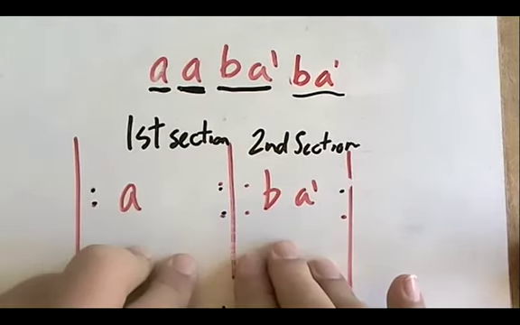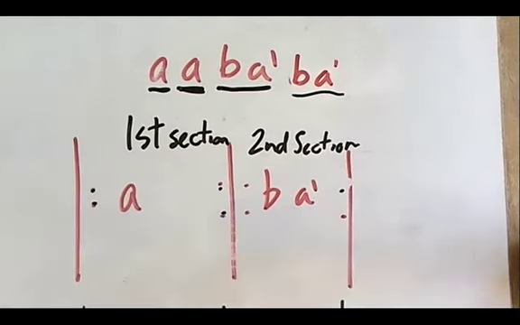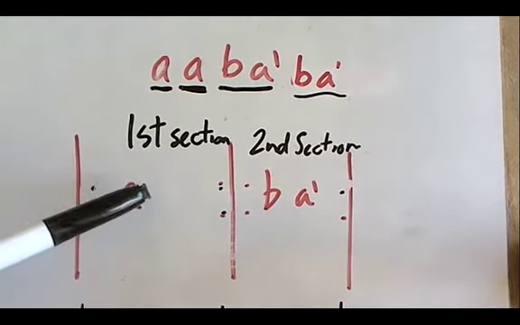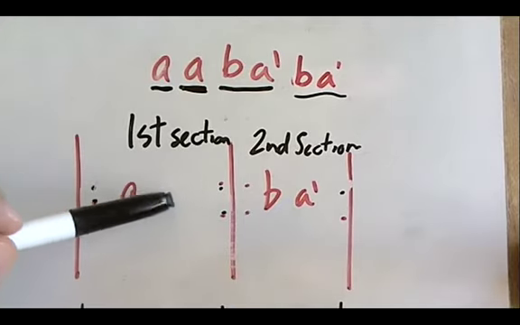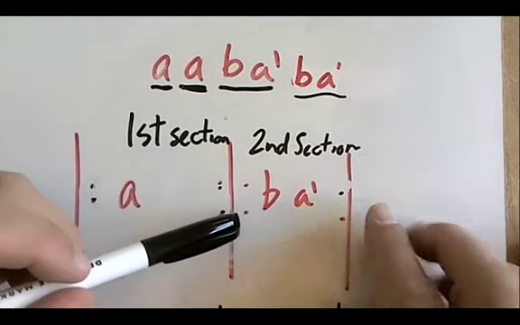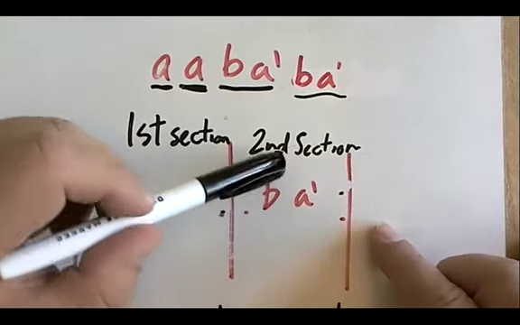It has two sections, the first section and the second section, and it's called binary because it has two parts. This section is dominated by A material. It has a beginning recognizable theme and then stuff that happens that will repeat again. Then you'll have a contrasting second section, which has different material.